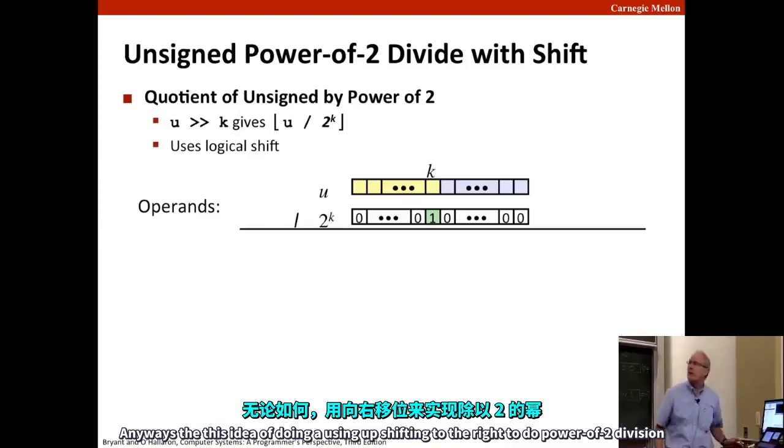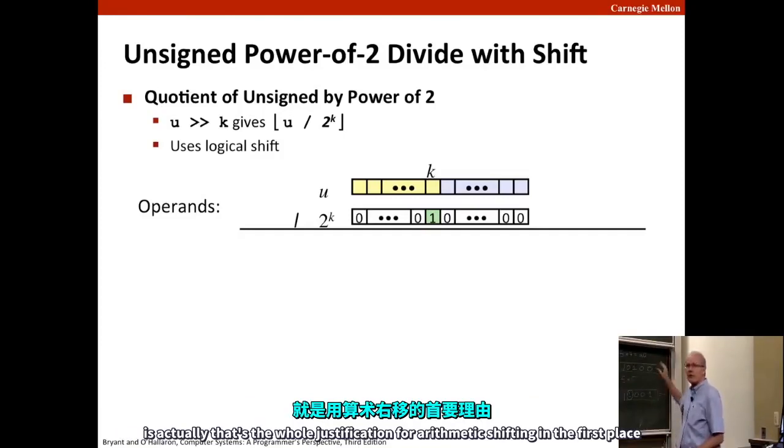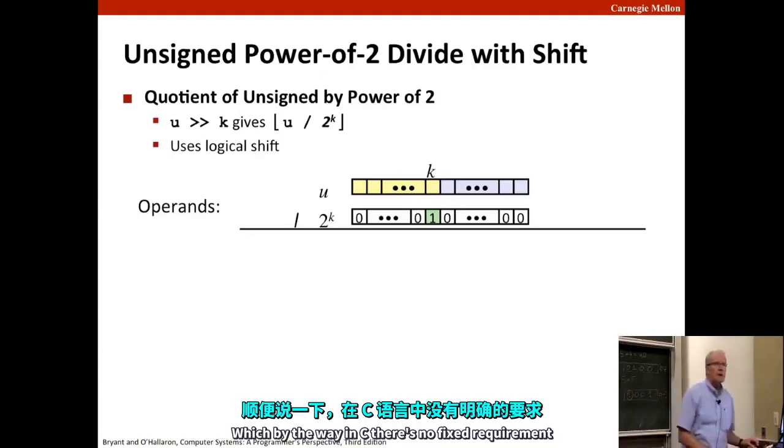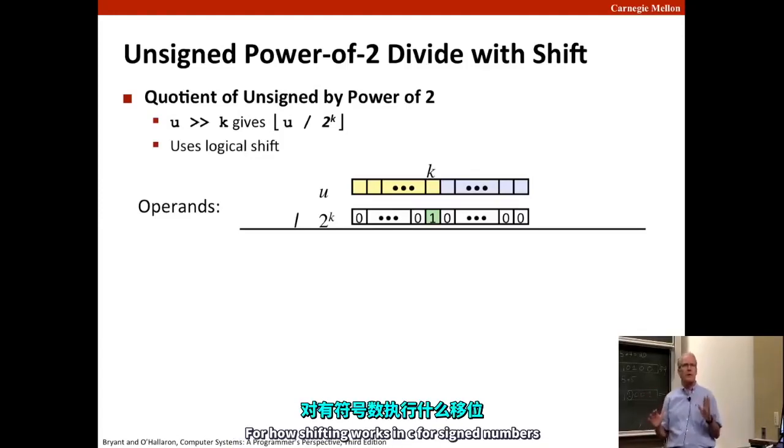Anyways, this idea of using a shift to the right to do power of 2 division is actually the whole justification for arithmetic shifting in the first place. Which, by the way, in C, there's no fixed requirement for how shifting works in C for signed numbers.